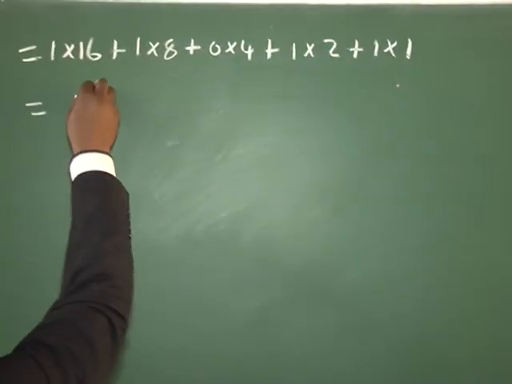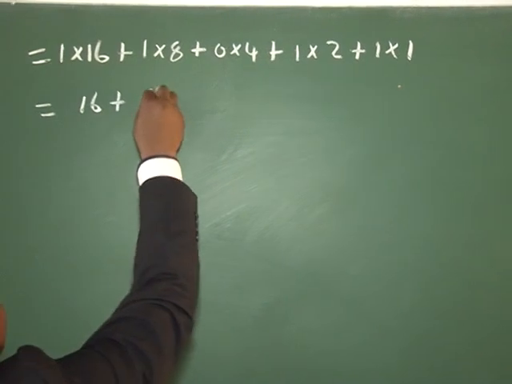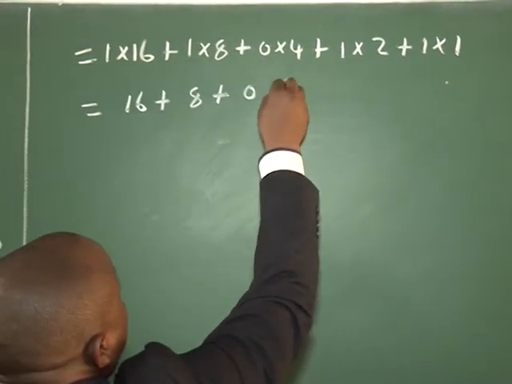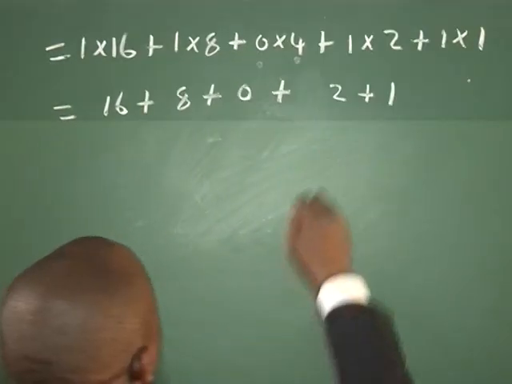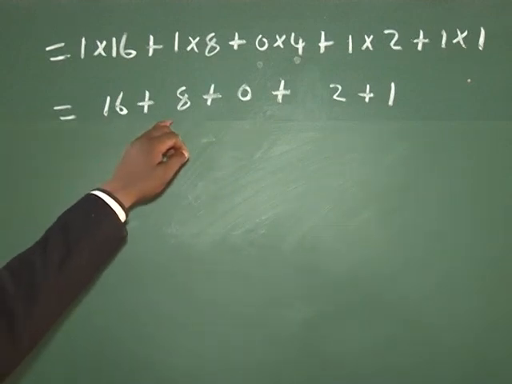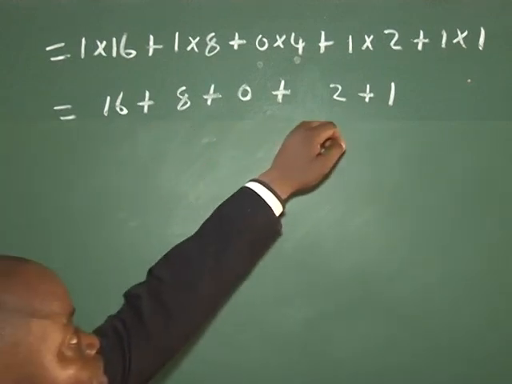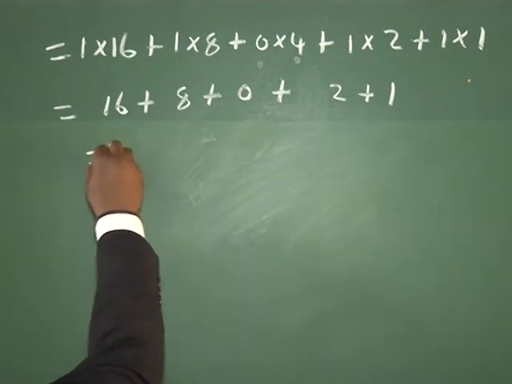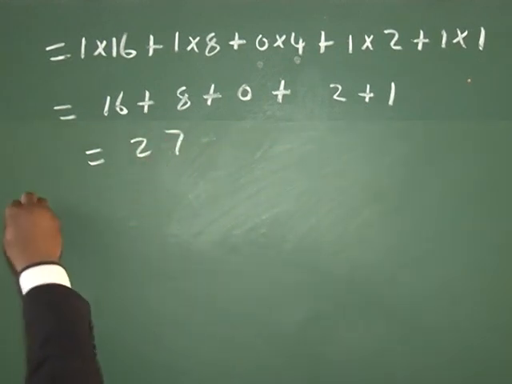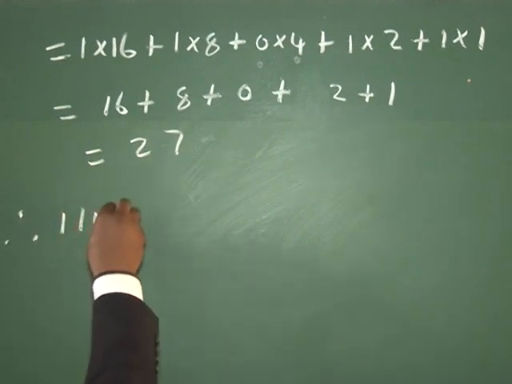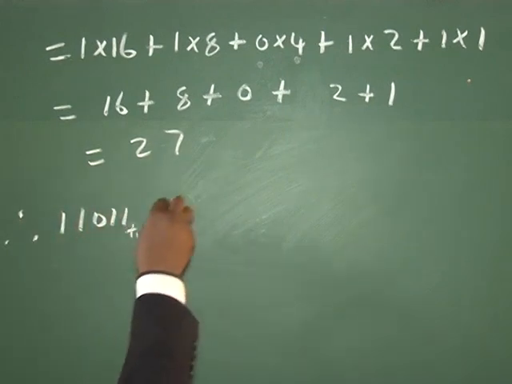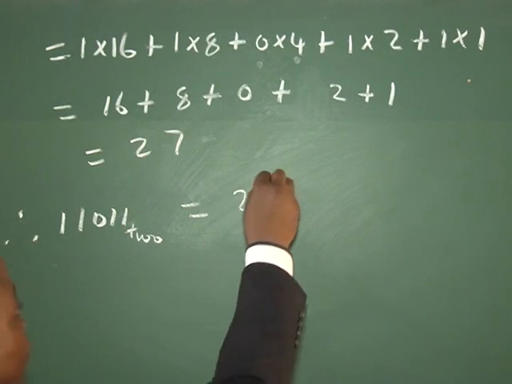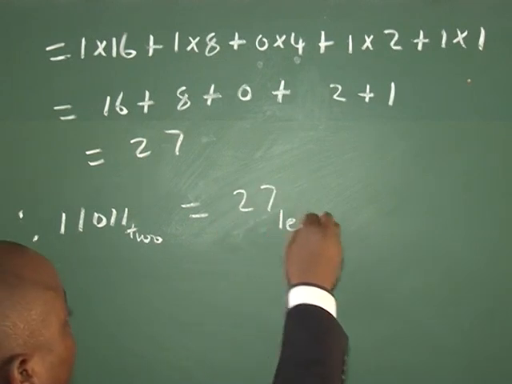This gives us 16 plus 8 plus 0, because 0 times 4 is 0. Now 16 plus 8 is 24. 24 plus 2 is 26. Plus 1, then we have 27. Therefore, 11011 to base 2 is the same as writing 27 to base 10.